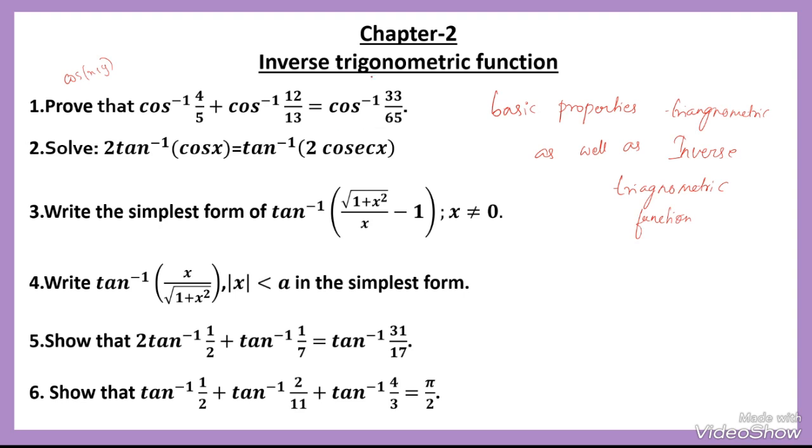While applying the formula, we have to write the property, and in the simplest form we have to replace x by some values. Then we will get the simplest form. These 2 questions are based on the property.